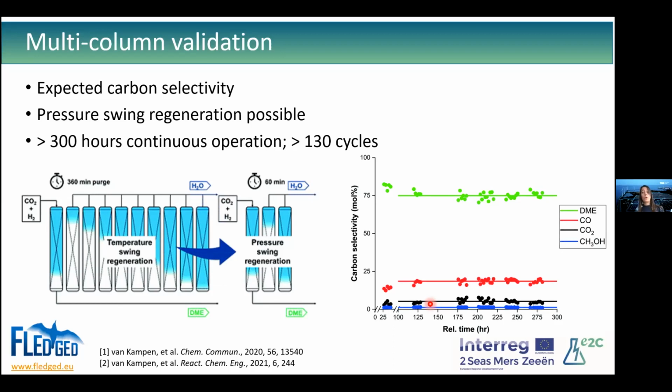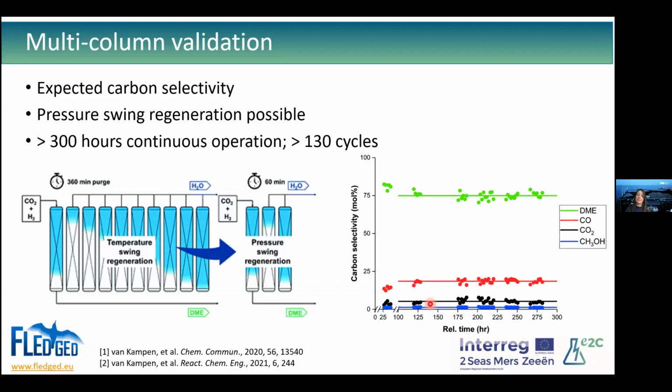But what was even more important, we showed that we can use only a pressure swing regeneration. So before we were always considering also a temperature swing regeneration, in which we had to use a higher temperature to regenerate the sorbent material and get rid of the water. But it takes a lot of time because you have to increase the temperature, heat it up, and it also has to cool down.